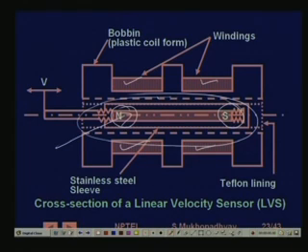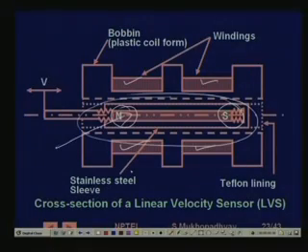As we know, the EMF induced will be directly proportional to the velocity of the magnet, because it is proportional to d phi by dt, right. So basically this is the electromagnetic induction principle which is used for sensing velocity.